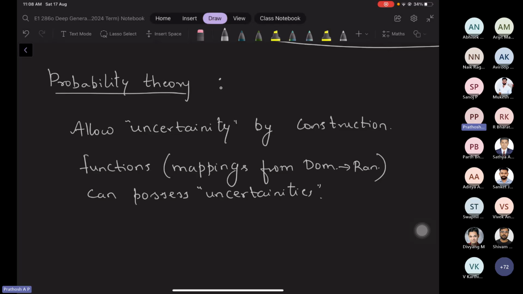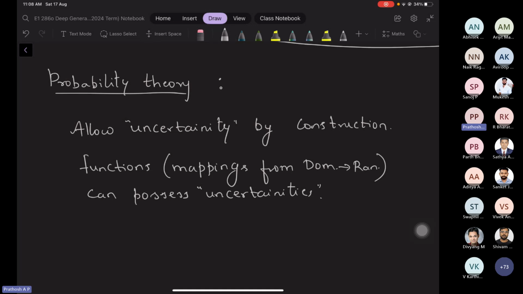Okay, so what I'm saying here is that in probability theory, inherently the functions that we are trying to learn between two sets can possess uncertainties by construction. Now, why is this important, or why is this a good thing?